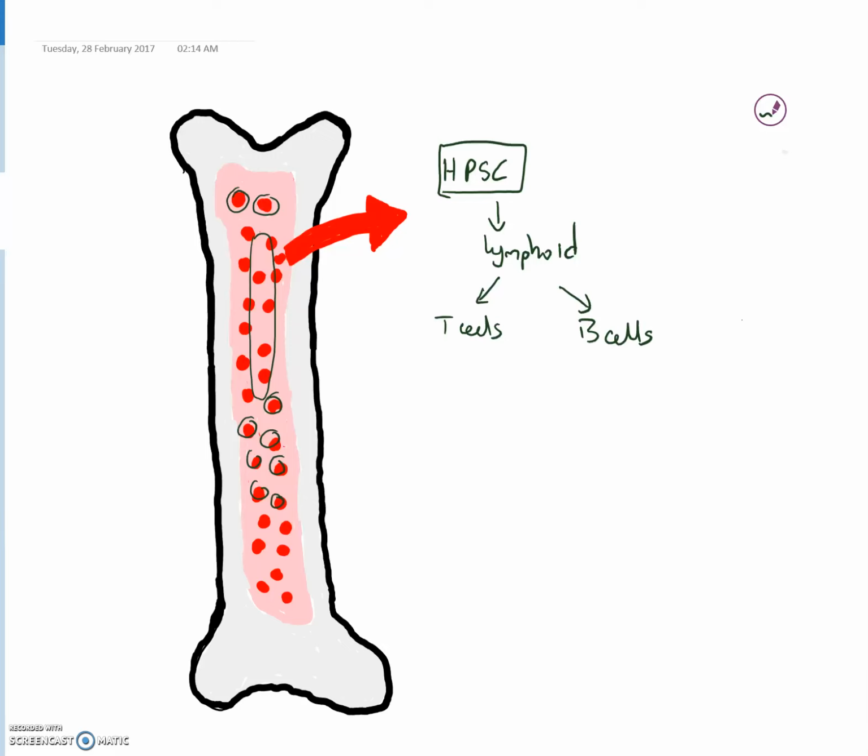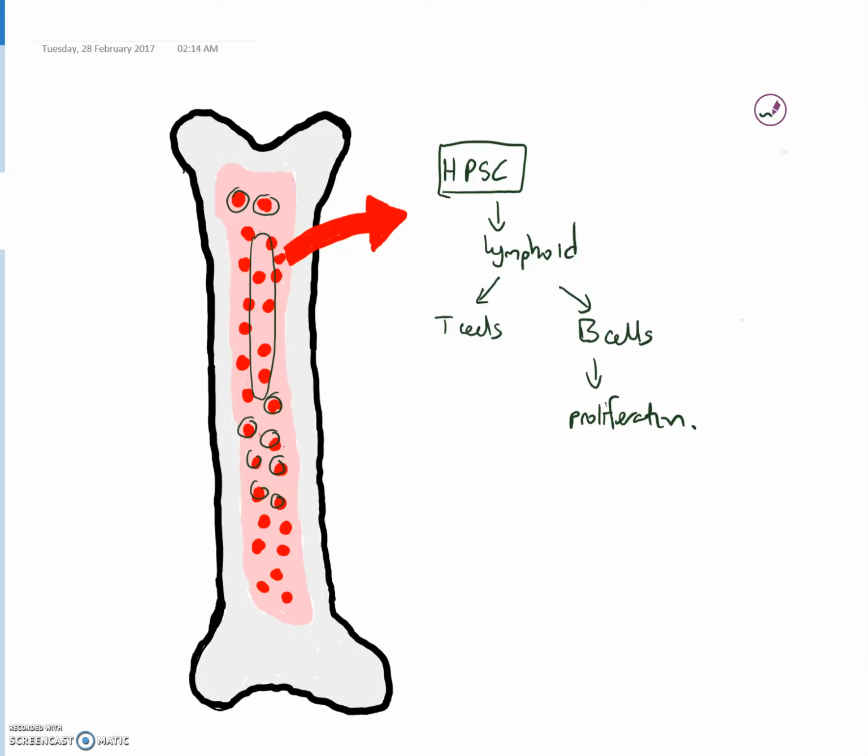In multiple myeloma, there is a mutation which causes the B cell to proliferate out of control. Loads of the B cell become proliferated. Usually, the division of the B and T cells is under strict control, but this mutation causes the B cells to keep on proliferating and dividing.